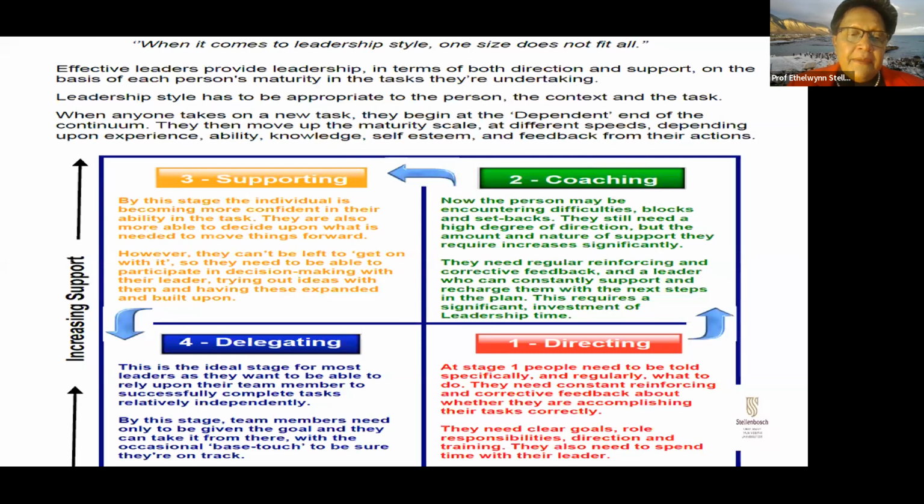So they need to be able to participate in decision-making with their leader, trying out ideas with them and having these expanded and built upon. So you find that in this situation they will come and talk to the leader, and leaders should be open for any of the followers or subordinates in the clinical environment to hear what they are suggesting, what they are saying, and to guide them.